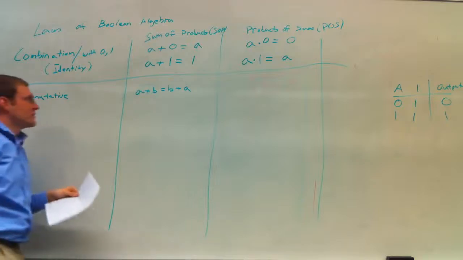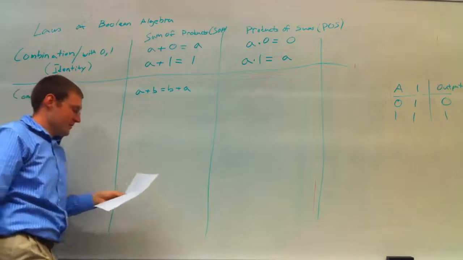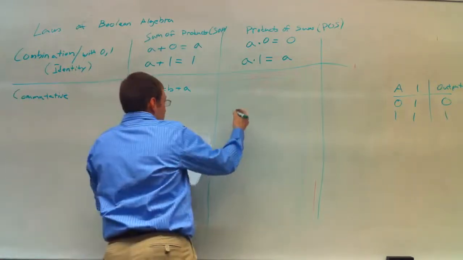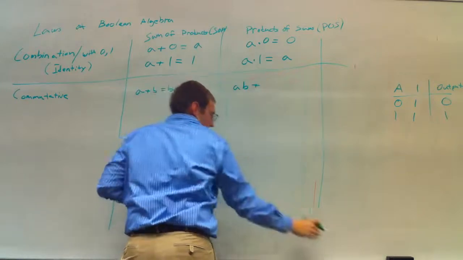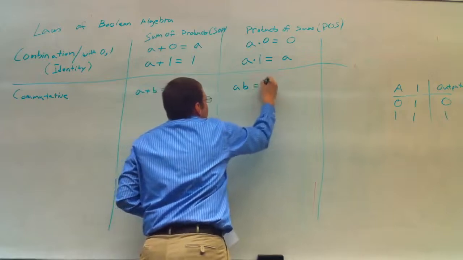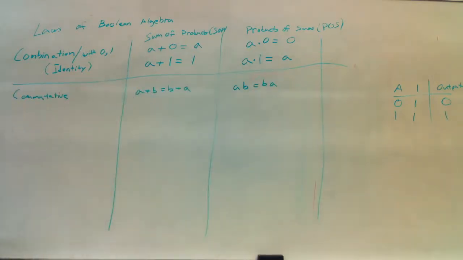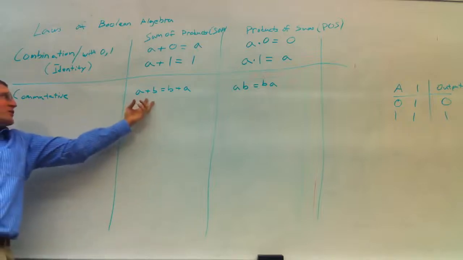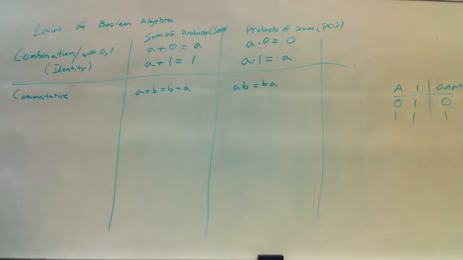In algebra, you do A plus B equals B plus A. Same thing in algebra, and then we can have A and B equals B and A. You just want to think of it as, all I did was switch the inputs on the gates, it doesn't really change a thing. So that's the commutative property.